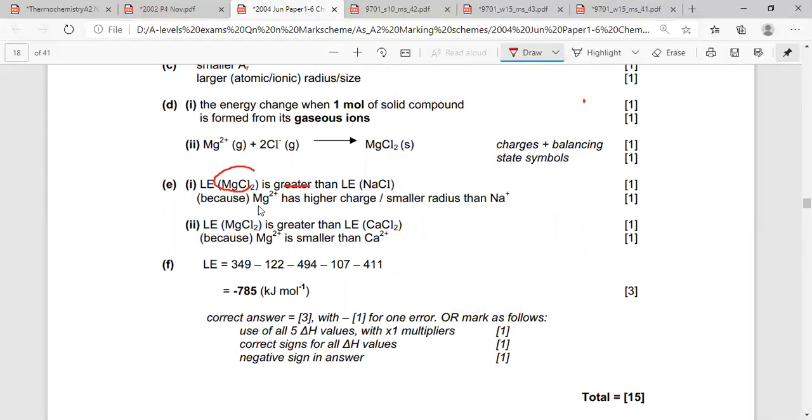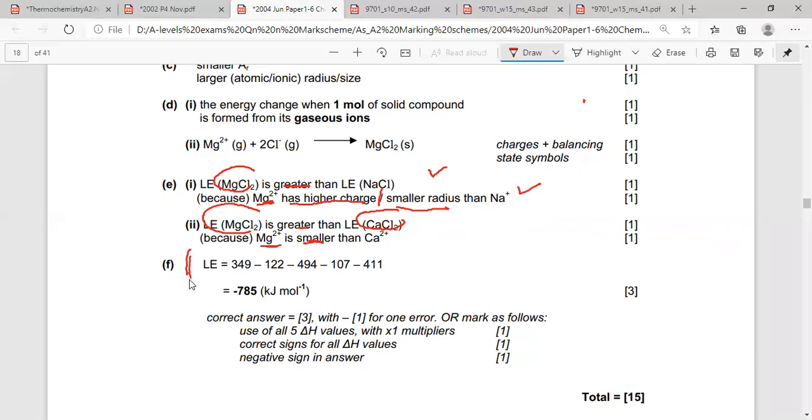Why? Mg2 plus has higher charge, or smaller radius. Either one, the dash means either one, one mark each. Magnesium chloride is greater than calcium chloride. Why? Mg2 plus has a smaller cationic radius, better. You're my student, so don't be careless.